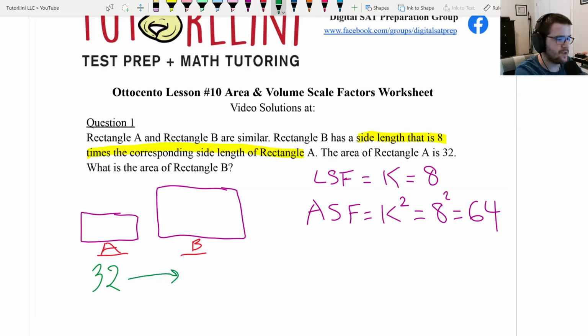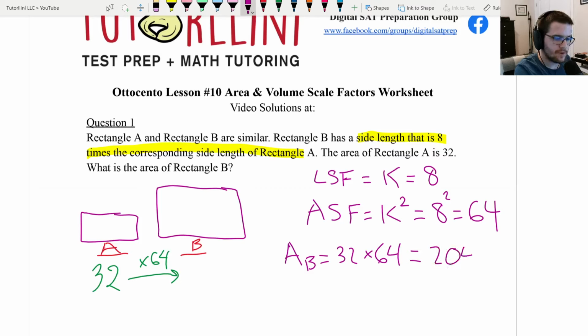So we're going to do 32 times 64. Let's write that down. The area of B is equal to 32 times 64. And let's see what we get. 32 times 64 is 2048. I believe that is right.